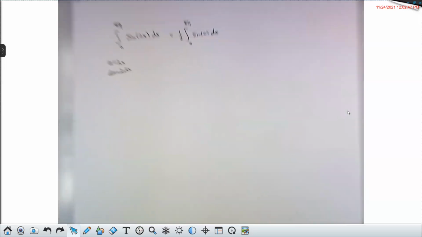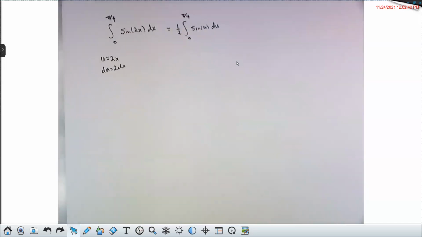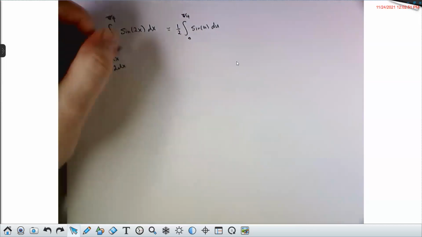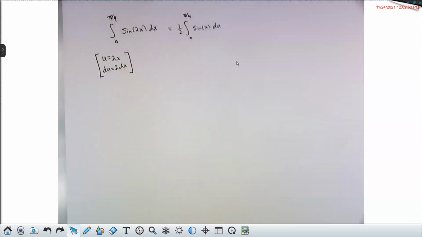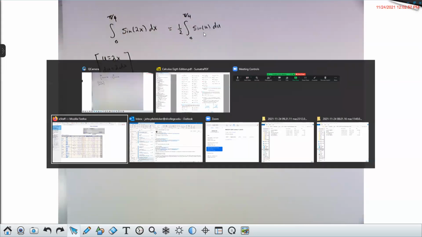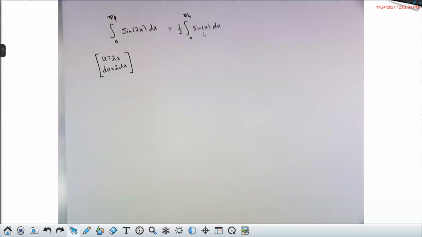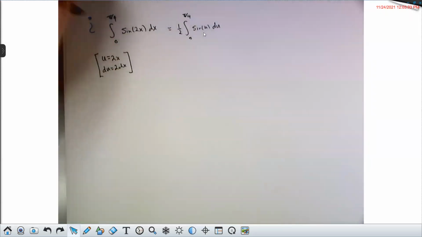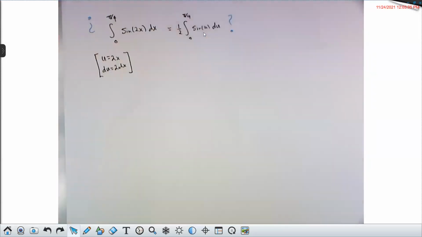I contend that even though this is well-intentioned, it's not correct. And let me show you why. Actually, what I should do here is put a question mark. It's true that if you calculate your antiderivative here, then plug back into x, then use the original bound, you will get the right answer. But are these things equal?